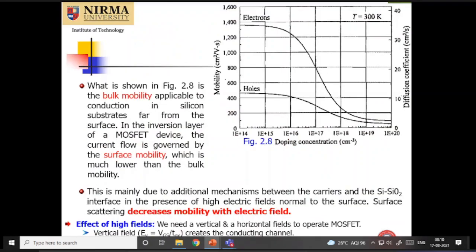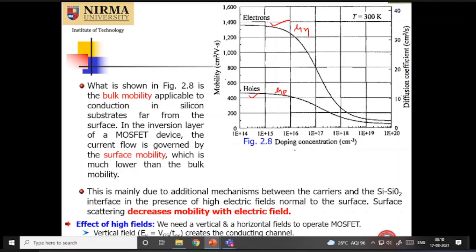Here you can see in this diagram the electron mobility and hole mobility is shown. It is almost 2 to 3 times higher. Electron mobility mu n and hole mobility mu p are different even at the same doping concentration.